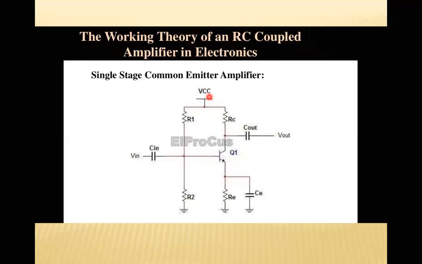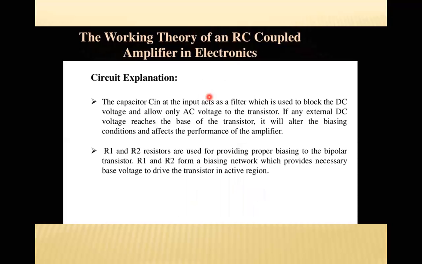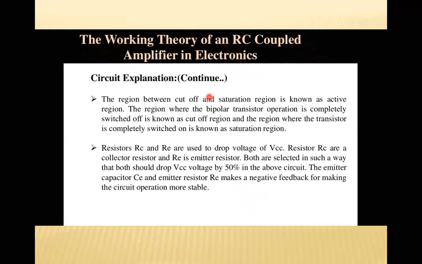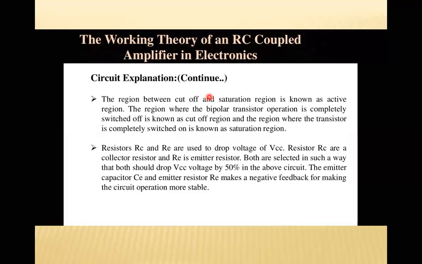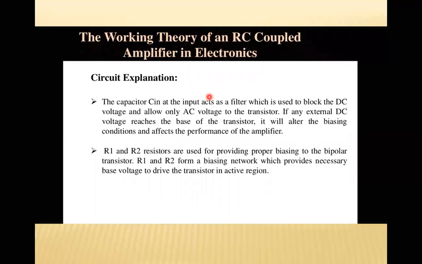The emitter capacitor CE and emitter resistor RE make a negative feedback for making the circuit operation more stable. Later in the next slides, we will see what is positive feedback and what is negative feedback. So this I can say is the explanation for this particular single stage RC amplifier. Okay, we have studied the same thing.